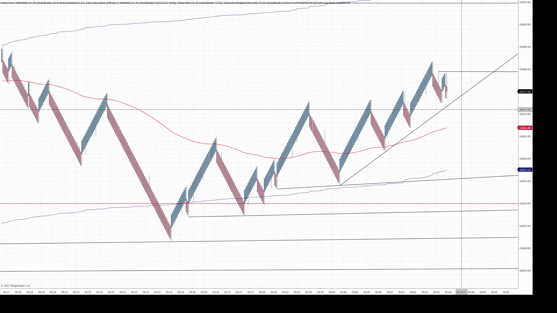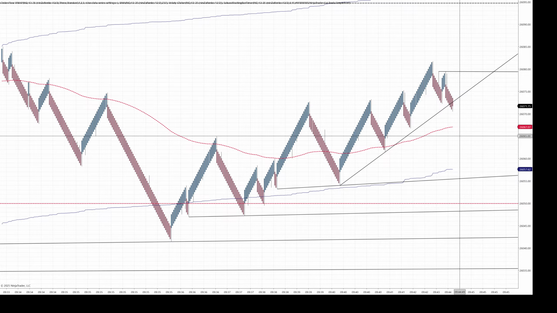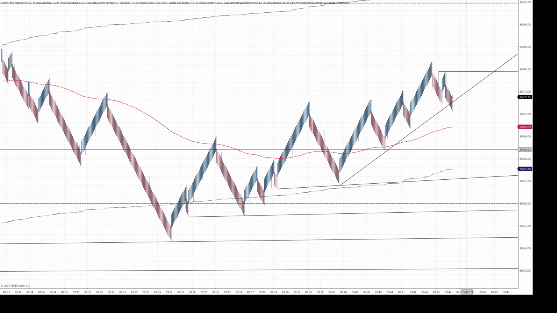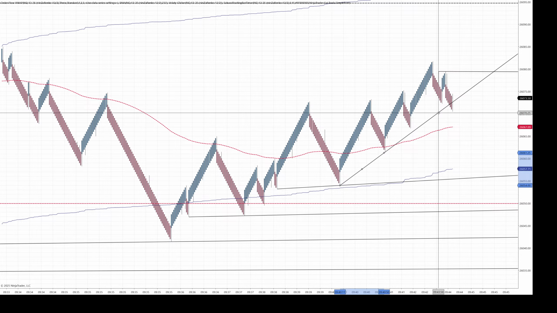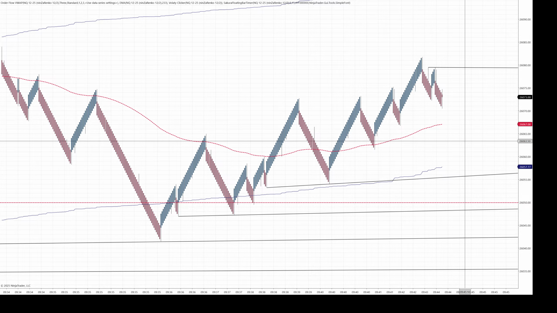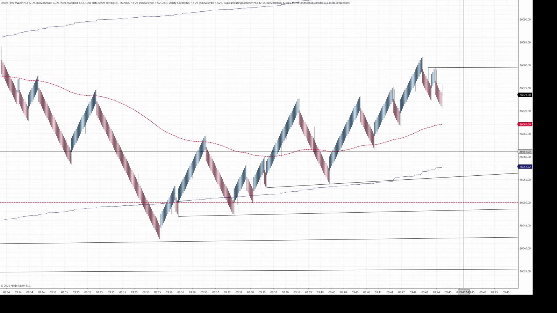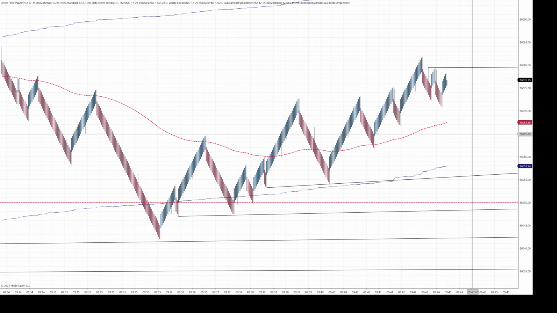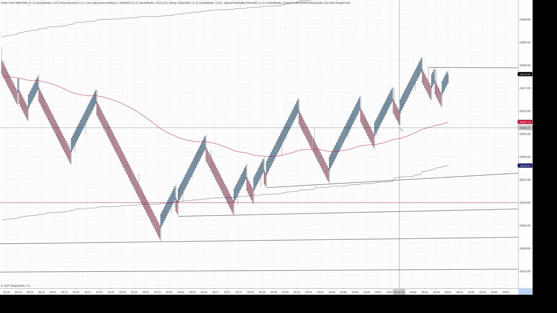Probably going to break through it, but we'll see. Maybe, maybe not. So you can see here, Renko's a really good way of showing when price is stuck as well.